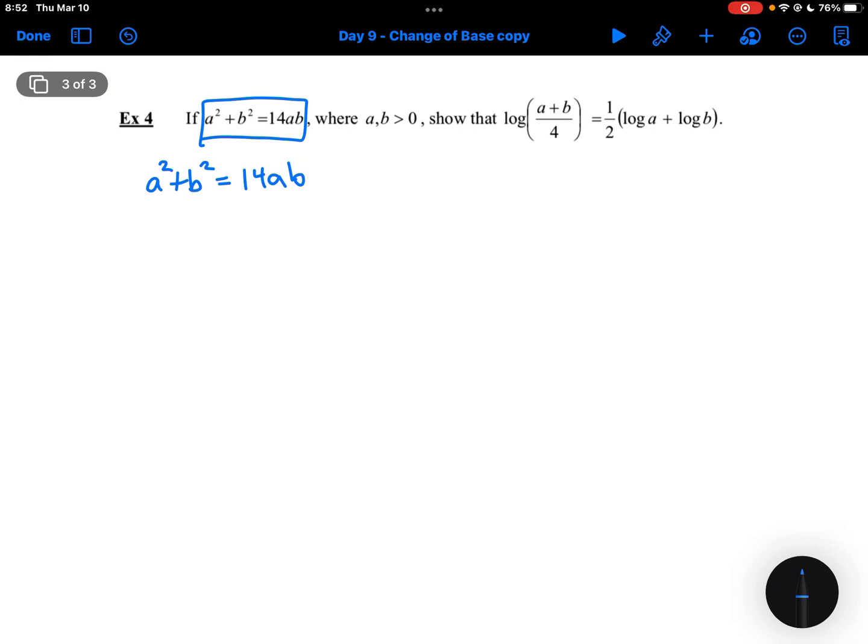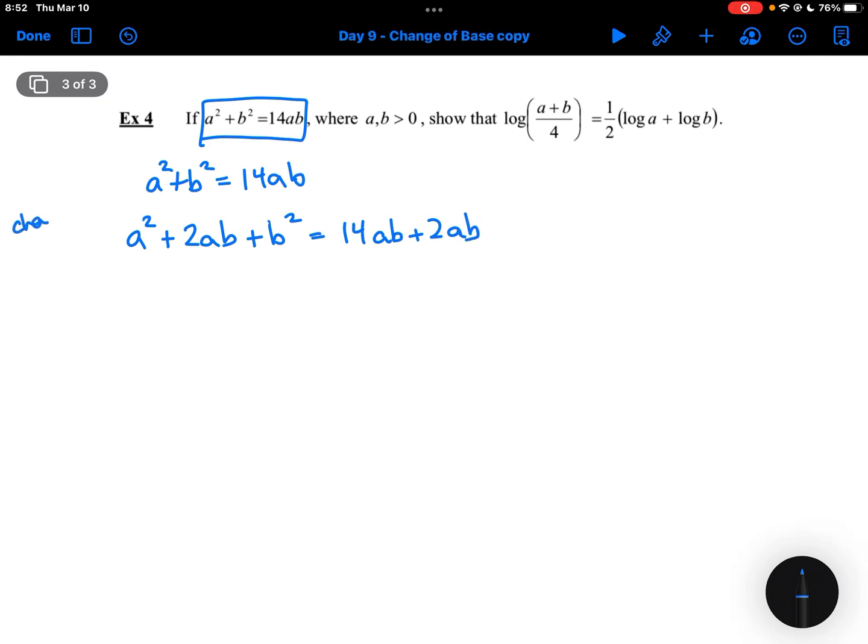Now I can't really do much with this. I probably want to see if I can factor the left-hand side, but I can't right now. So in order to be able to factor it, I'm going to change it into a perfect square trinomial. Now, because I did that on the left-hand side, added that 2ab, I also have to add it on the right-hand side.